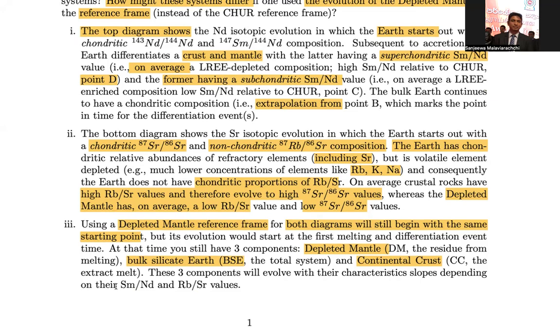In previous slides, I told you that if you are given the half-life without the decay constant, then you should know how to calculate the decay constant using the half-life: ln2 divided by half-life is the decay constant.